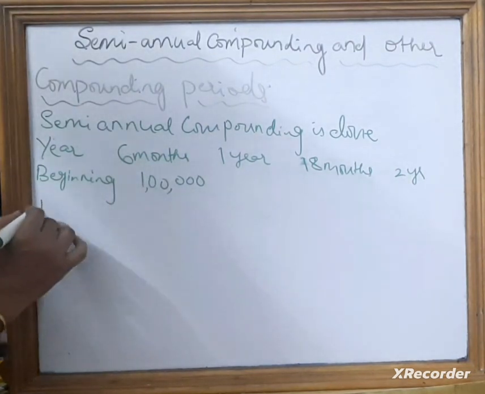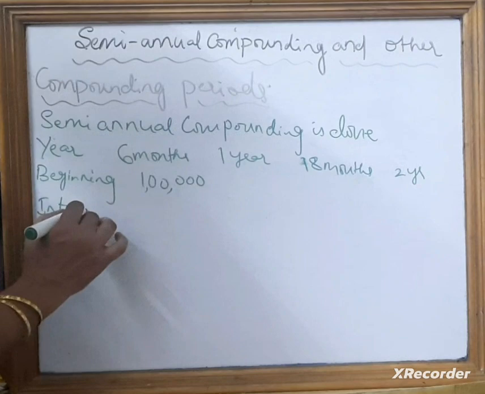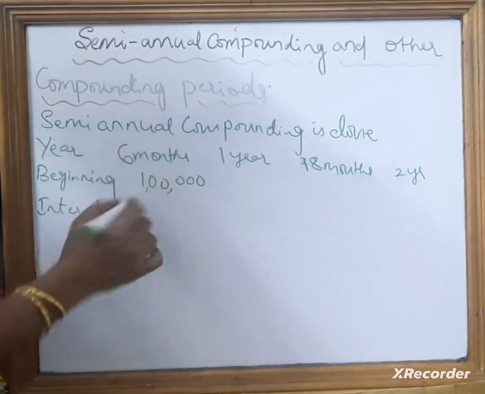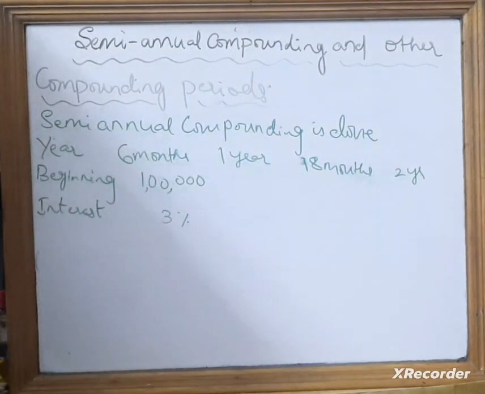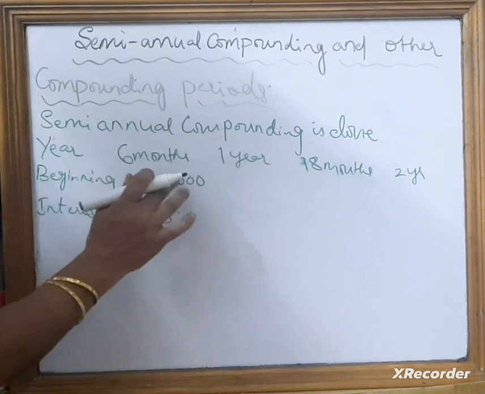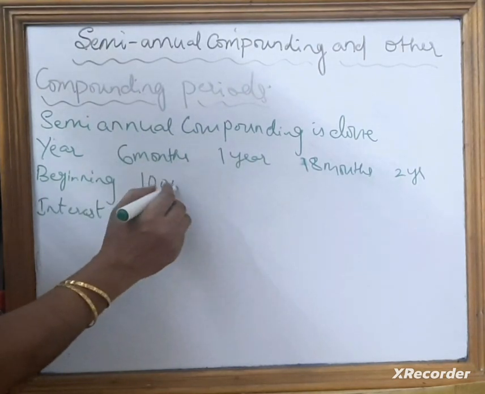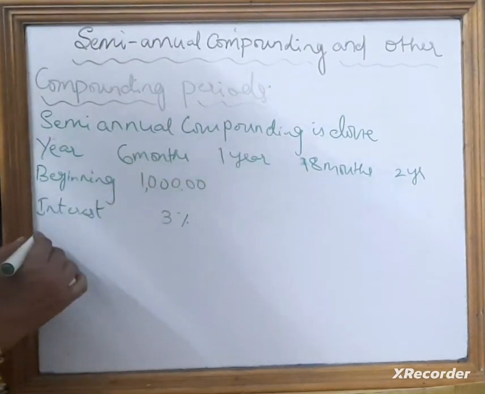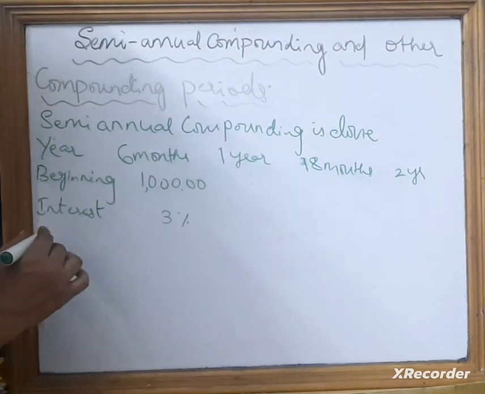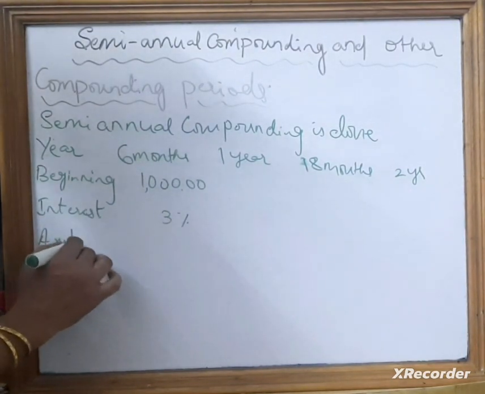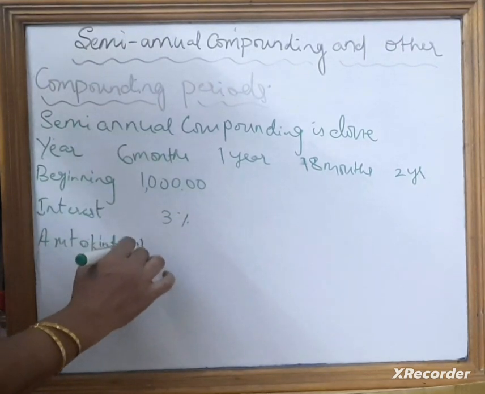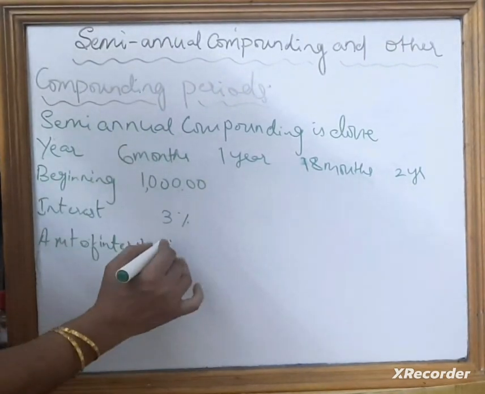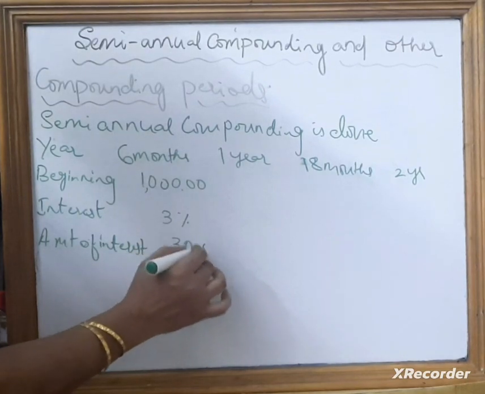Since it is compounded semi-annually, the annual interest rate is 6%, the semi-annual interest rate is 3%. How much is the amount of interest? 3% on 1000 is 30 rupees for 6 months.